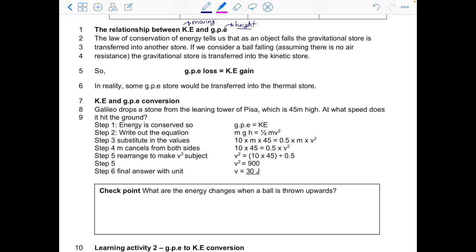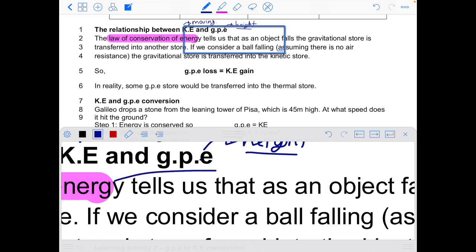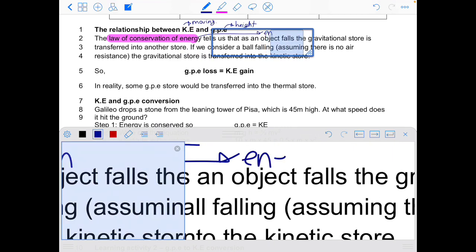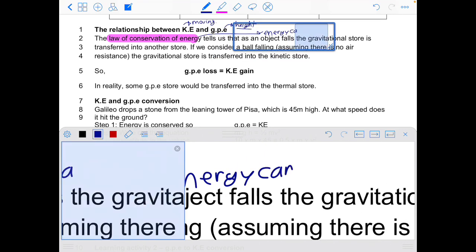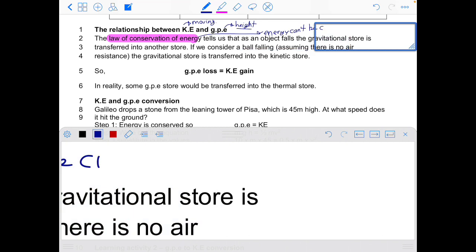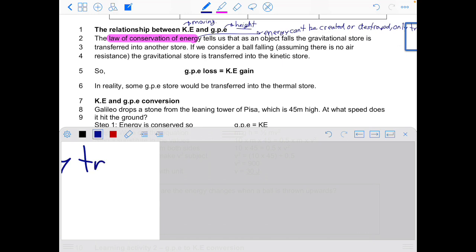The law of conservation of energy. Pause there, write down your definition of the law of conservation of energy from a couple lessons ago. All right, welcome back. Hopefully you have written down that the law of conservation of energy is the fact that energy can't be created or destroyed, only transferred.